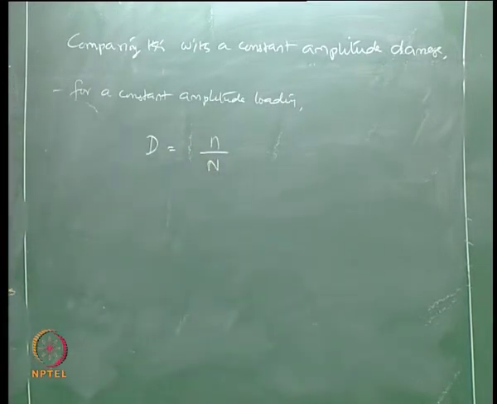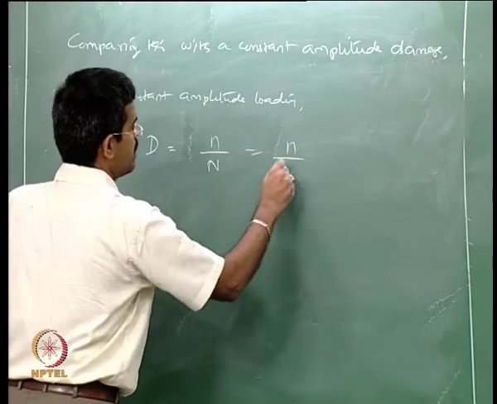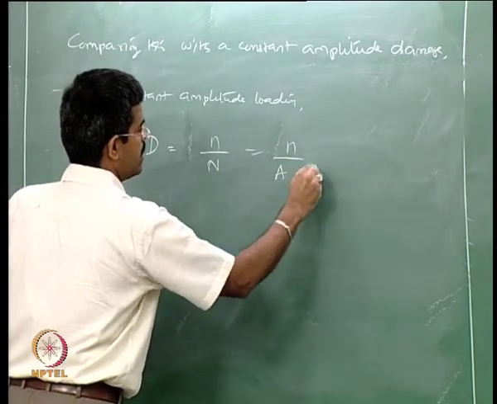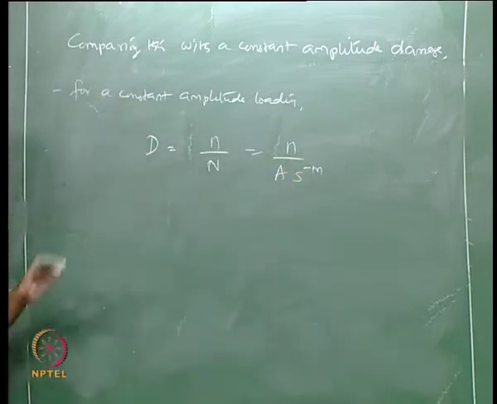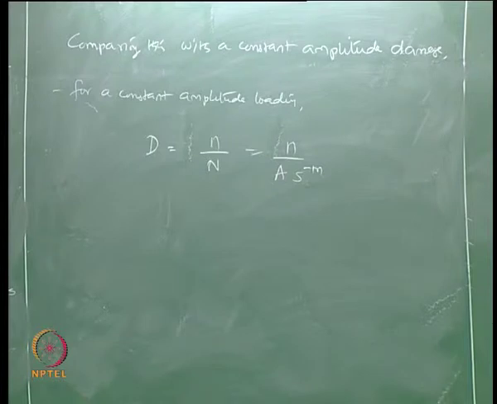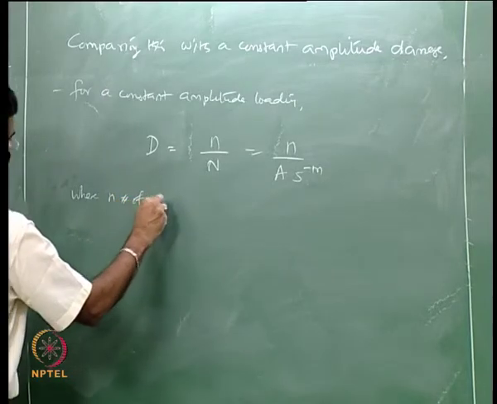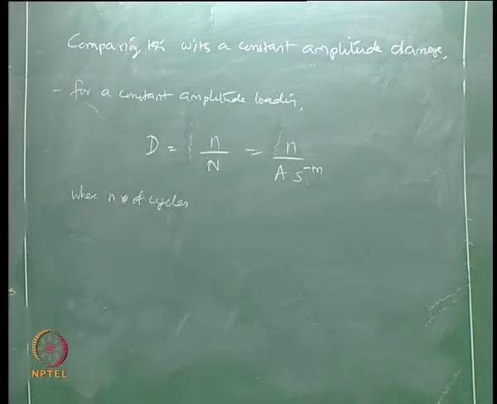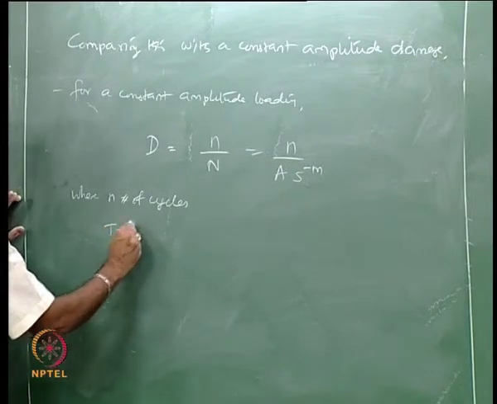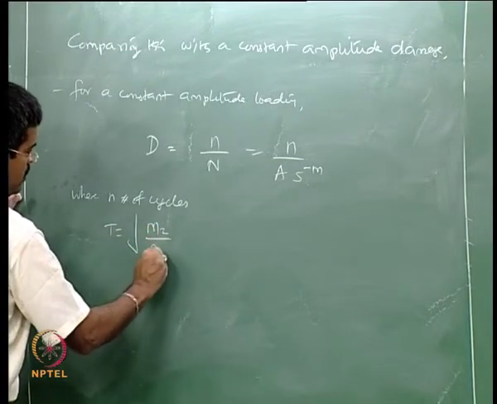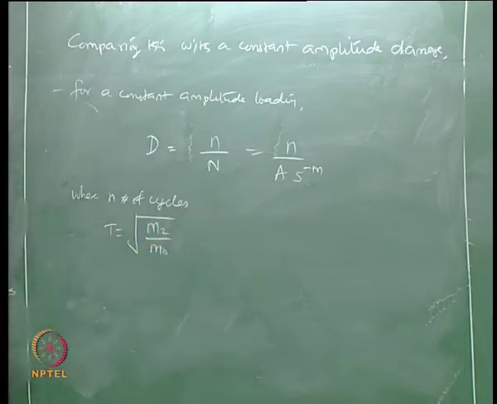We already know this equation, which is nothing but n by A S to the power of minus m, where n is the number of cycles and T is of course square root of m2 by m0.